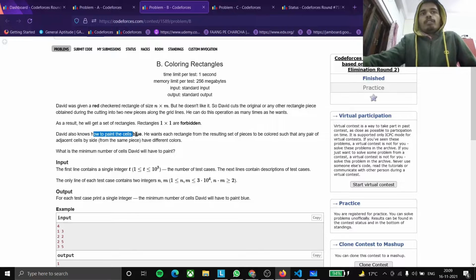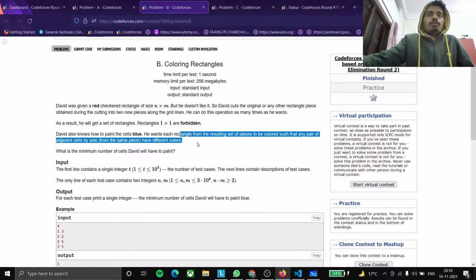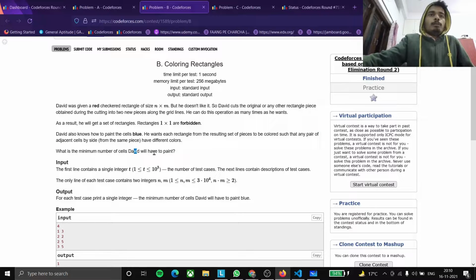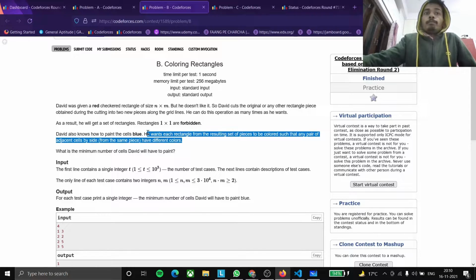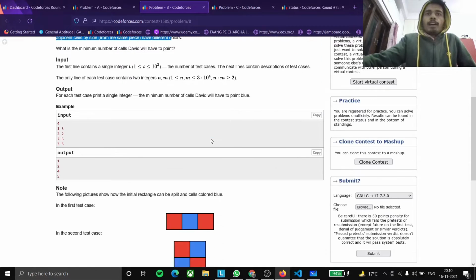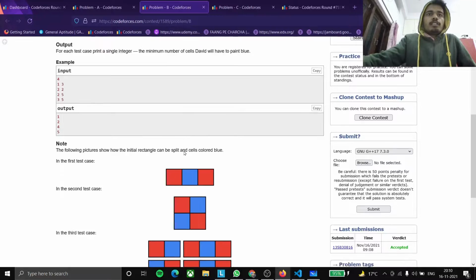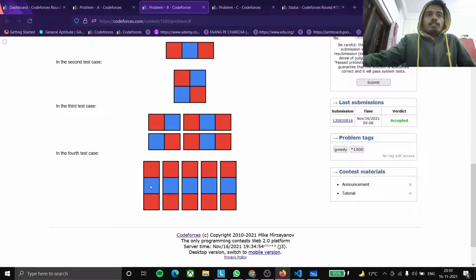Now David also knows how to paint the cells blue. Basically, we have to find the minimum number of cells David will have to paint blue. Two cells can't be the same color if they are adjacent in the same part. You can see in the test case as well, this is one part and it's been divided by the grid lines.